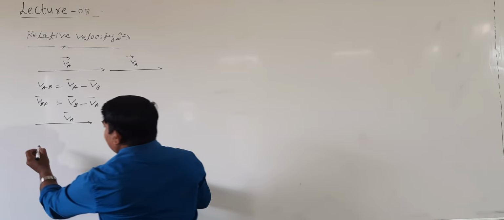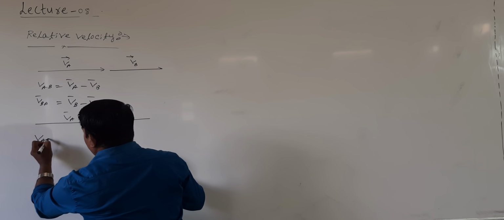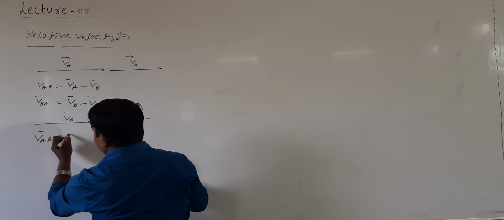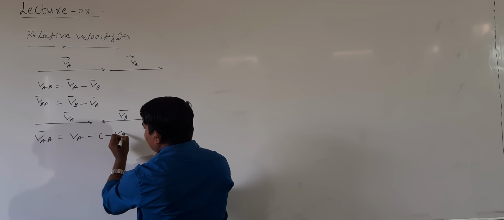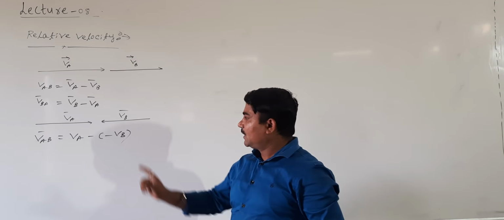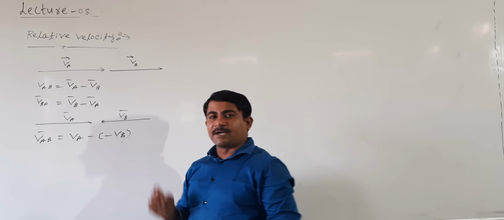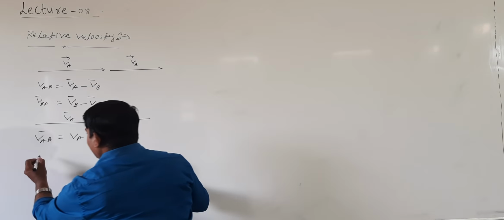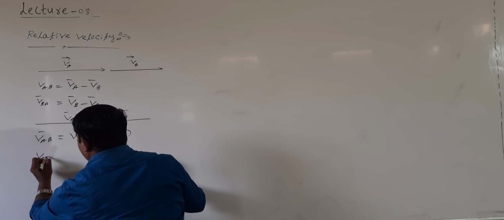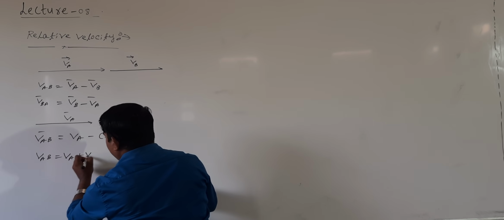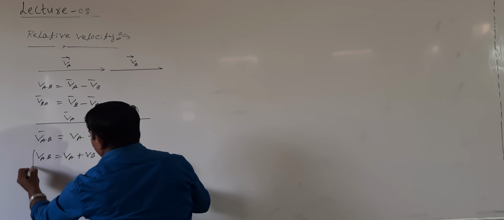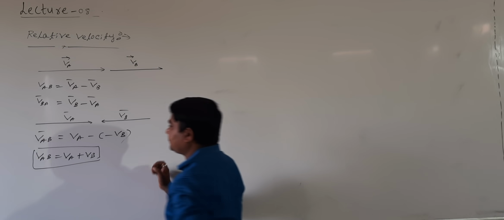The relative velocity of A with respect to B is written VA minus VB. Because VB is in the negative direction, I am taking a negative value. Directly, the relative velocity of A with respect to B can be written VA plus VB. It is one case.